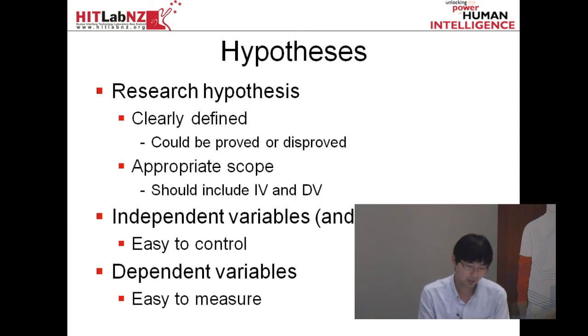So the independent variables should be easy to control. And the dependent variables, of course, should be easy to measure, or there should be an accurate way to measure them. Otherwise, it might be hard to compare the measures.